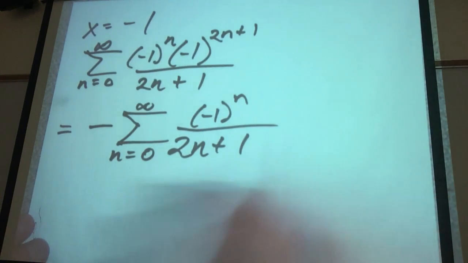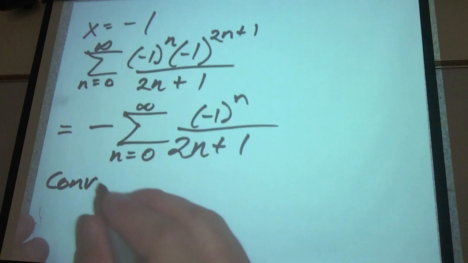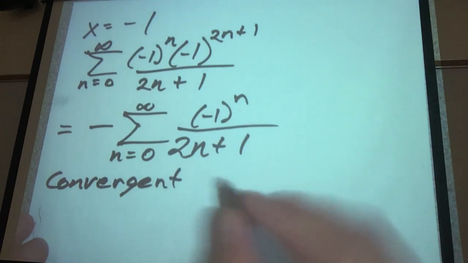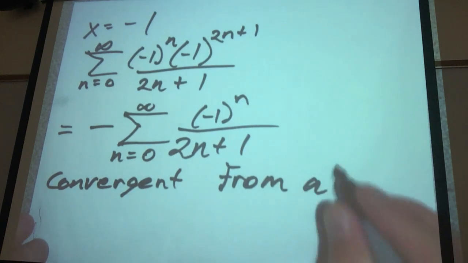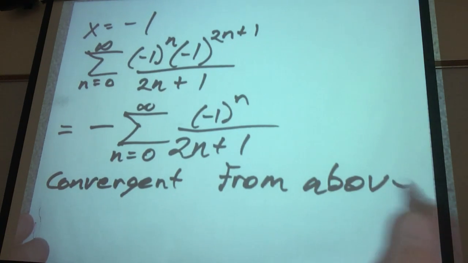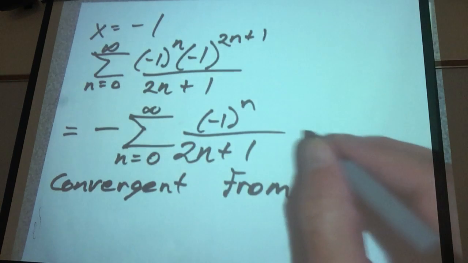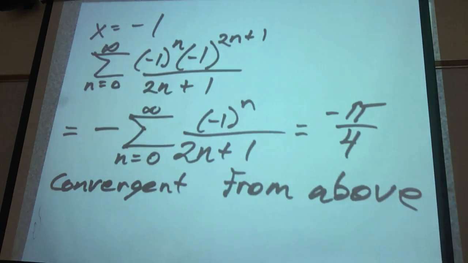This is convergent from the first part, because this is just the negative of that. And so what does this one actually converge to? This is going to equal negative pi over 4.